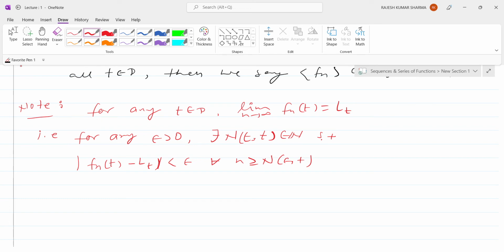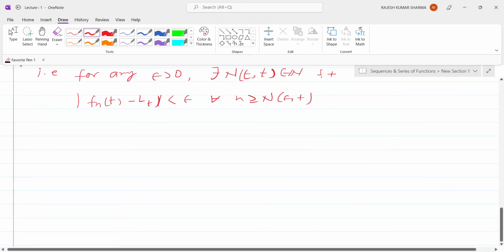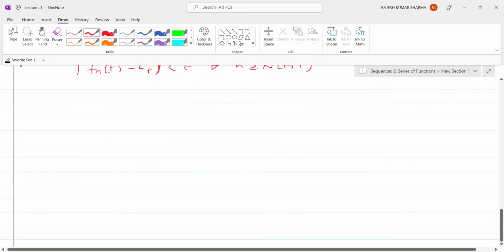N depends on epsilon and t. For any t belongs to D, the limit of f_n(t) is l(t), then the sequence is said to be pointwise convergent.